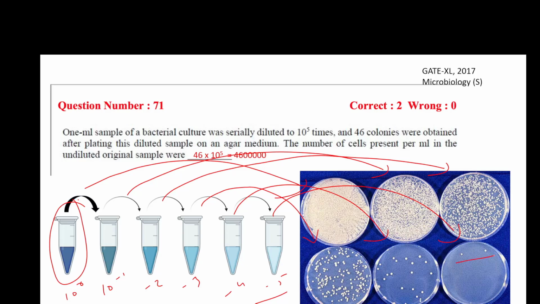If you go just 1 dilution back, each step is 10 times less diluted, so here you will get 20, here 200, here 2000, here 20,000, and here 2 lakhs. Similarly, if you are getting 46 colonies, you will have 46 into 10 to the power 5. This will be the answer. So these many colonies will be present in the original sample.